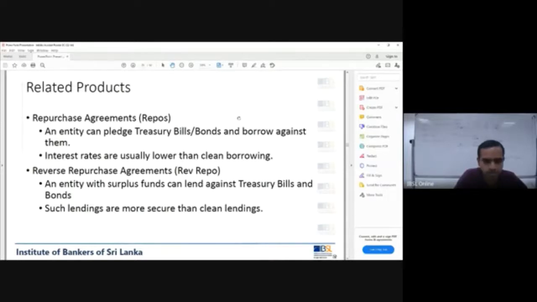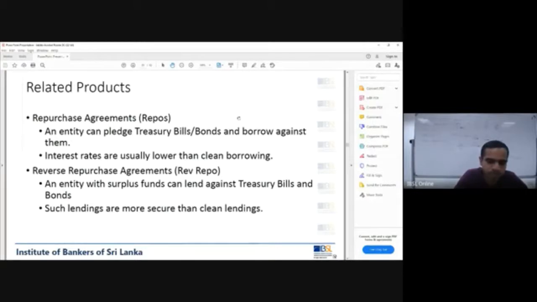repurchase agreements or repos. Now this is where, if you have excess securities and you're short of funds, you can pledge those securities and borrow against them. Say, for example, if you want to get a housing loan, you will pledge a property that you own, or you might buy a property and pledge it to the bank, right?